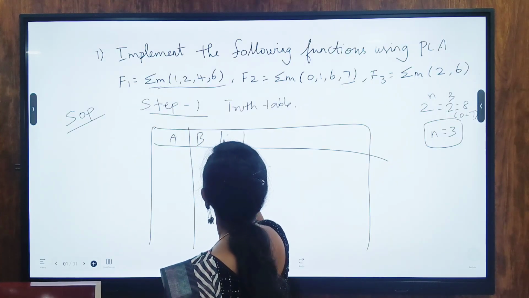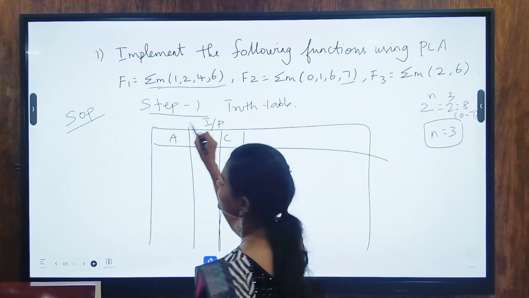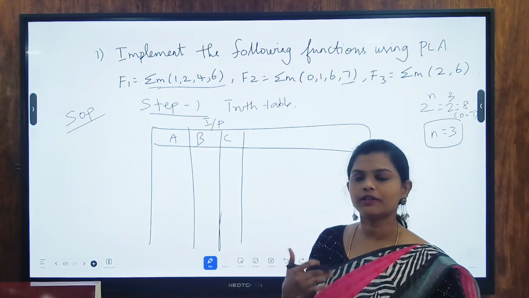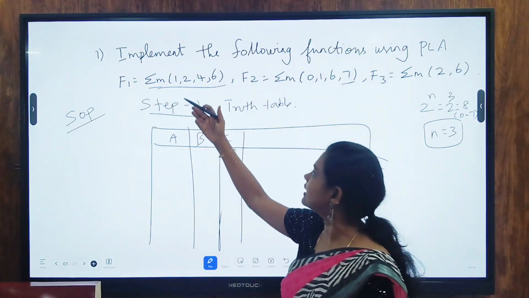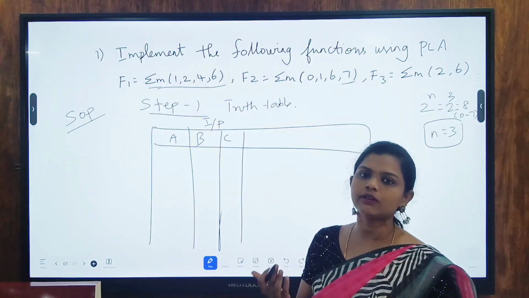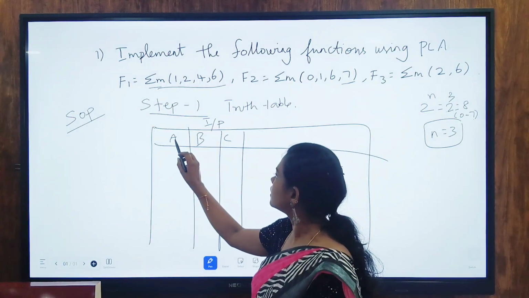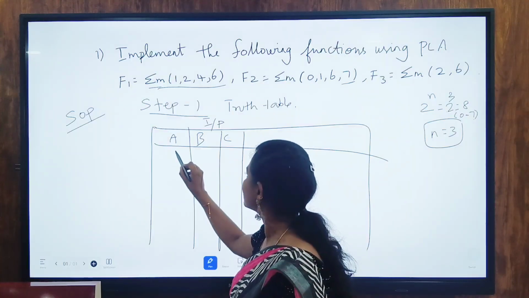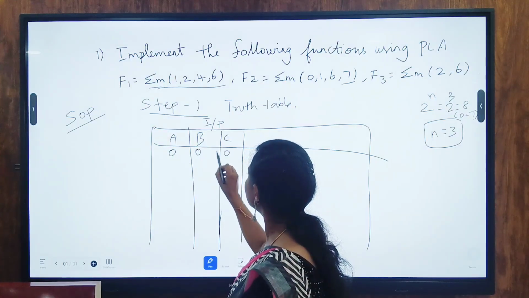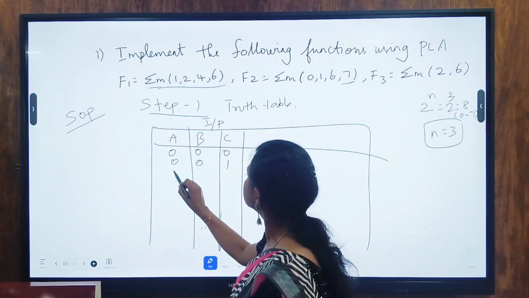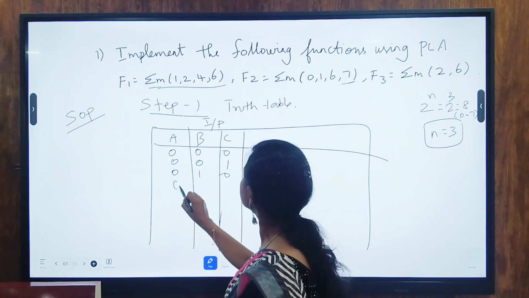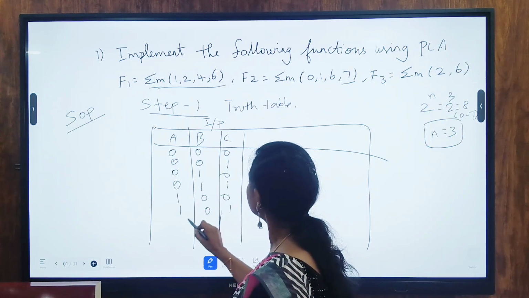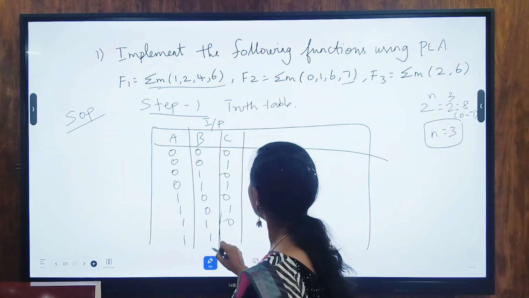Here the 3 inputs I am taking as A, B, C, and whatever variables you want you can take. If the question mentions specific input variables, you have to take the respective ones. So here, for A, B, C, we know the possible input combinations: 0 0 0, 0 0 1, 0 1 0, 0 1 1, 1 0 0, 1 0 1, 1 1 0, 1 1 1.